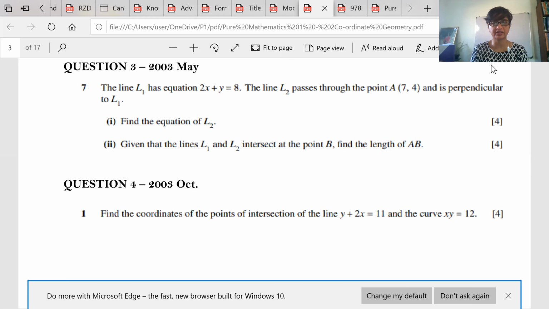Whenever you are asked to find intersection points of any 2 things, you take the 2 equations and solve them simultaneously. So if you all have gotten the right answers for this, we can just move on. If not, I can do it. So can you tell me, did you get the answers, everyone? Number 4, what are the answers? Let us quickly go down and see.